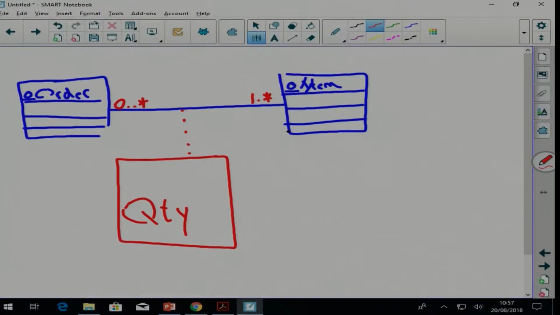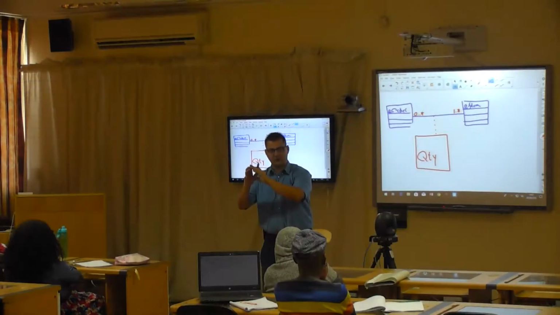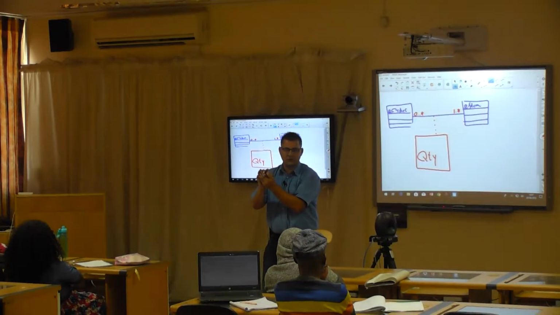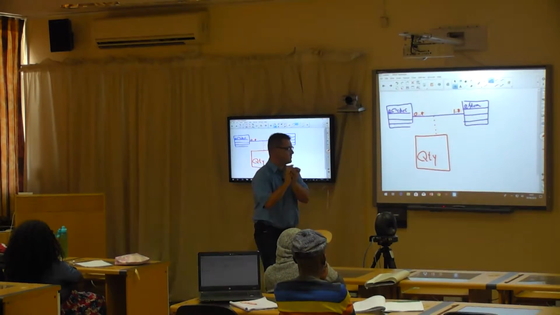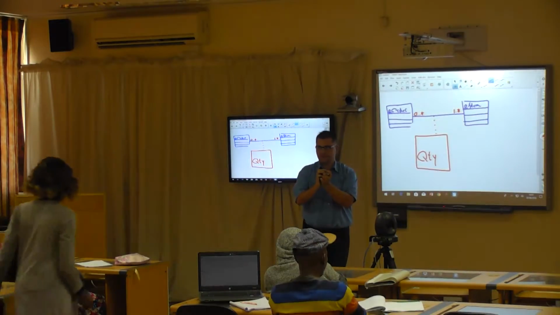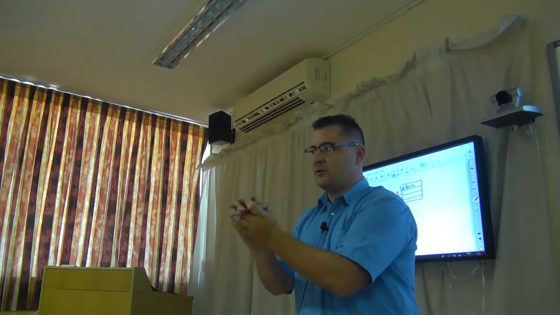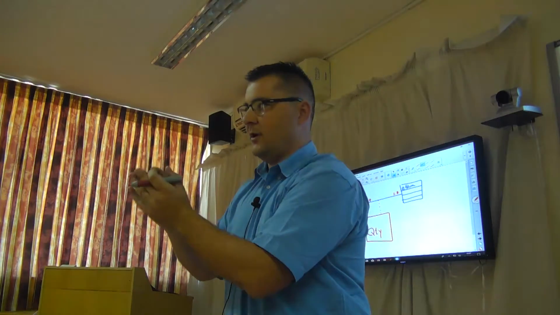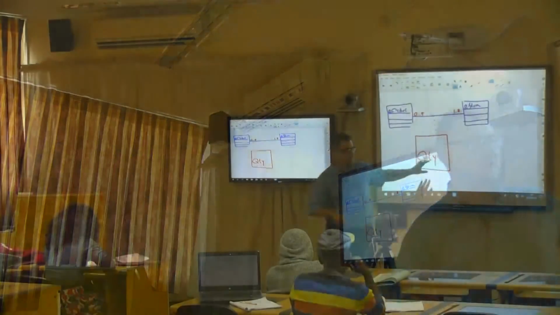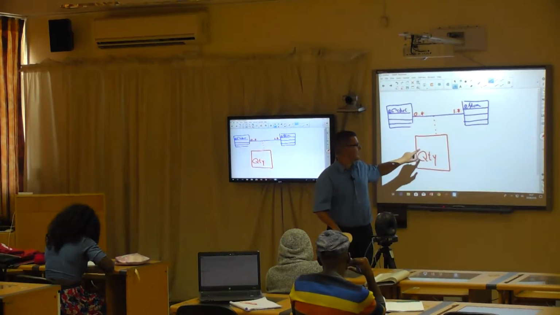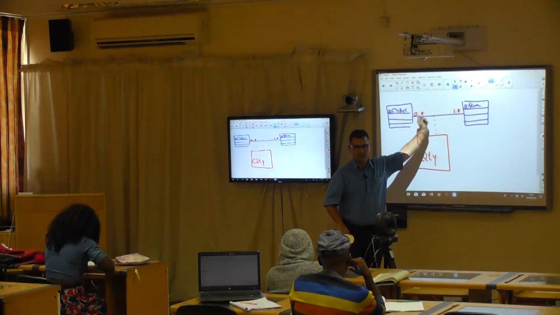Okay, that is the place where we start to see associative or intersection tables, or attributes which describe the relationship. Because the quantity, what does it describe? It describes the relationship.